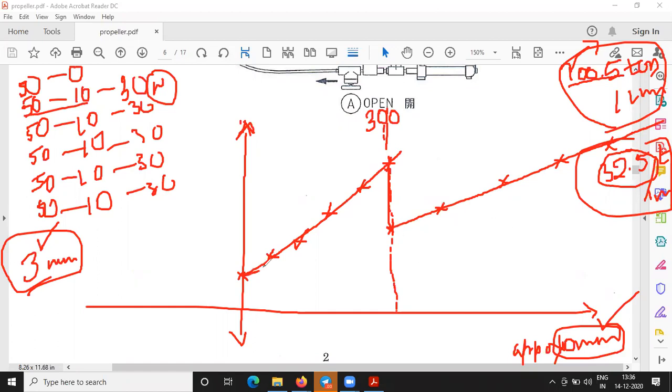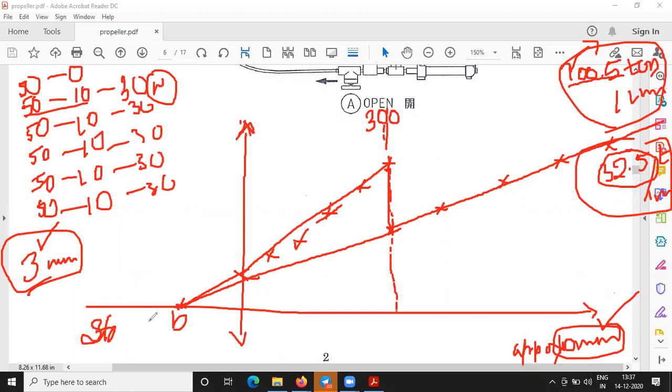When I extend both curves backward, both curves will start meeting at a point. So this point, we call it B, and this is the standard point.